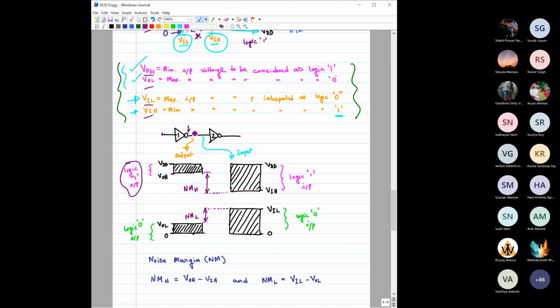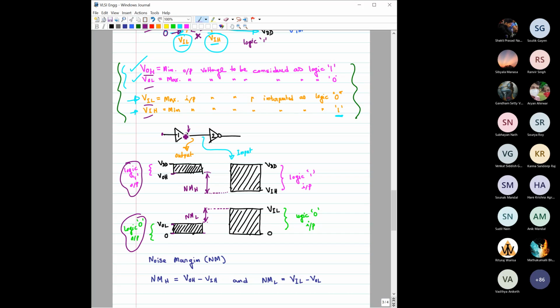If this output voltage is to be at logic 1, then it has to be within VOH to VDD. Similarly, if this output voltage has to be logic 0, then this voltage would be between 0 to VOL only, right? That's how we have defined. So this is the range.